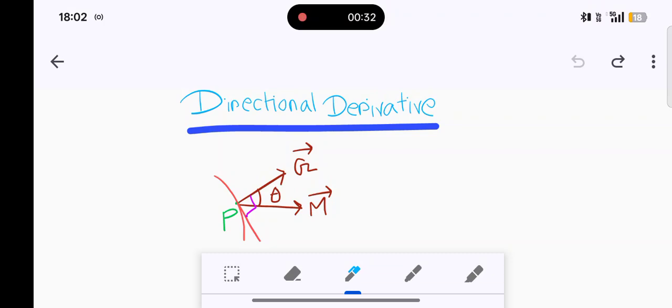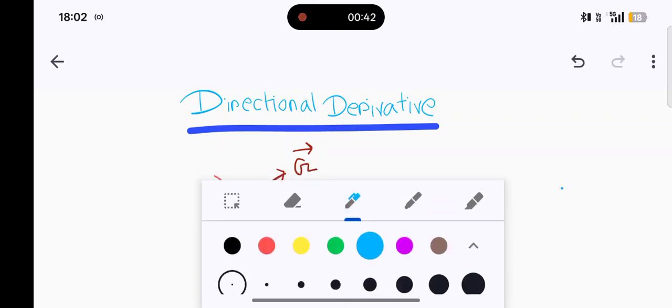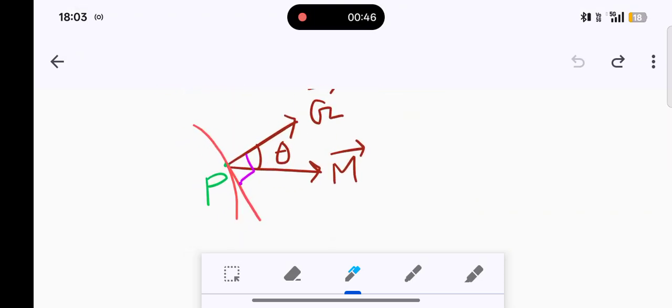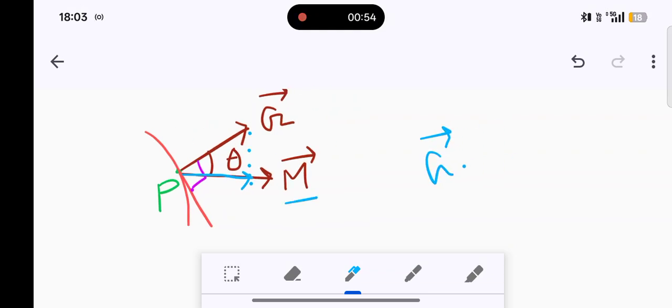In the directional derivative, we just have to calculate the projection of the gradient in another direction, let's say the m vector. Now how can we find it? It's very simple. We have to do the dot product between the g vector and the directional vector, which is nothing but the unit vector of m, right?